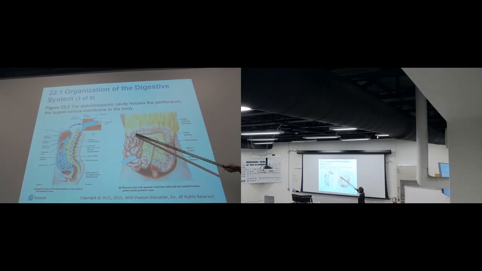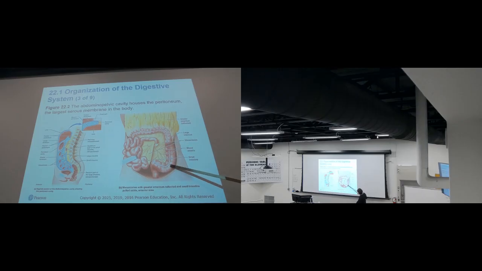Now, in the anterior view, if you lift the greater omentum, which will be here, you will be able to see the mesentery. So this is the mesentery proper, and this will be the mesocolon. This is the transverse colon.